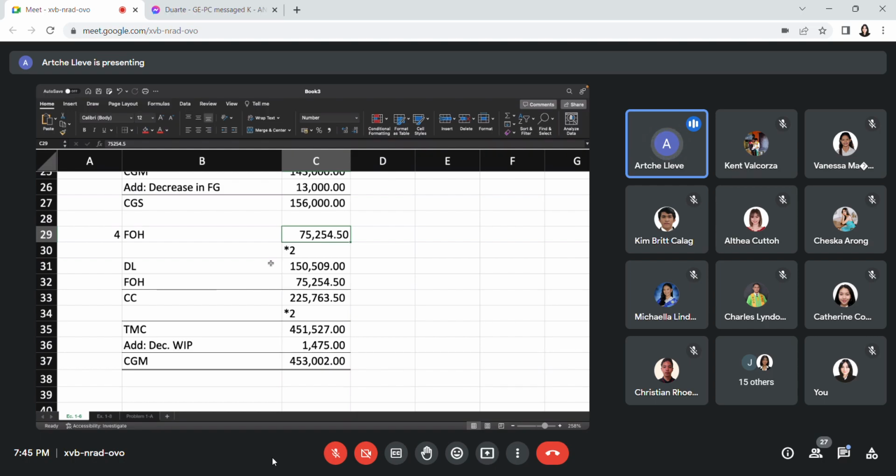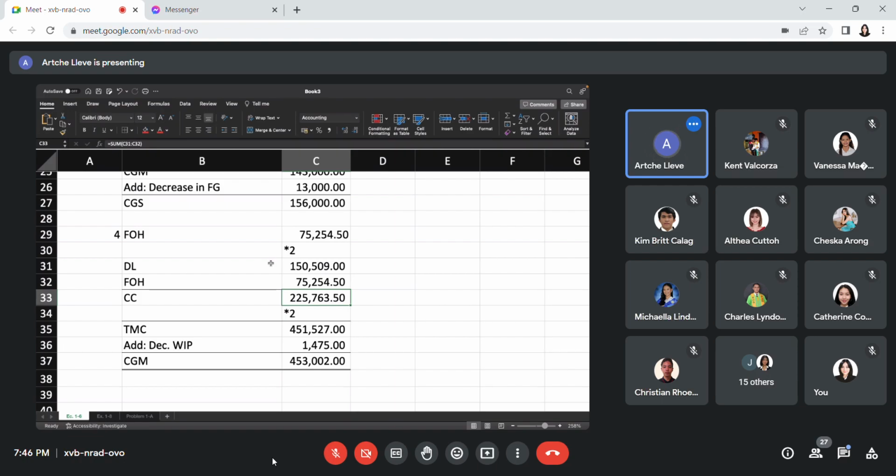So 75,254.50 divided by 50%, or it could be 75,254.50 times 2. So your direct labor now will be 150,509. Plus the FOH, which was mentioned earlier. Conversion cost now will be 225,763.50.